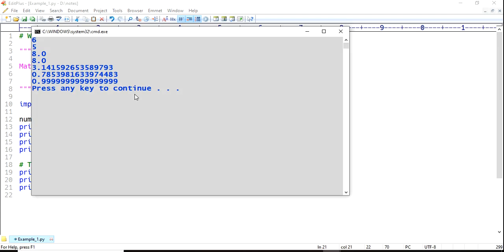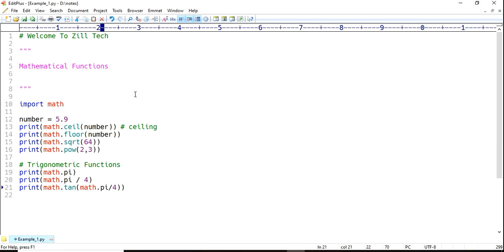See, 0.999 is the approximate value of 1. The output is 1. Like this, you can find sine theta, cos theta, anything. Whatever methods are present, you can perform.